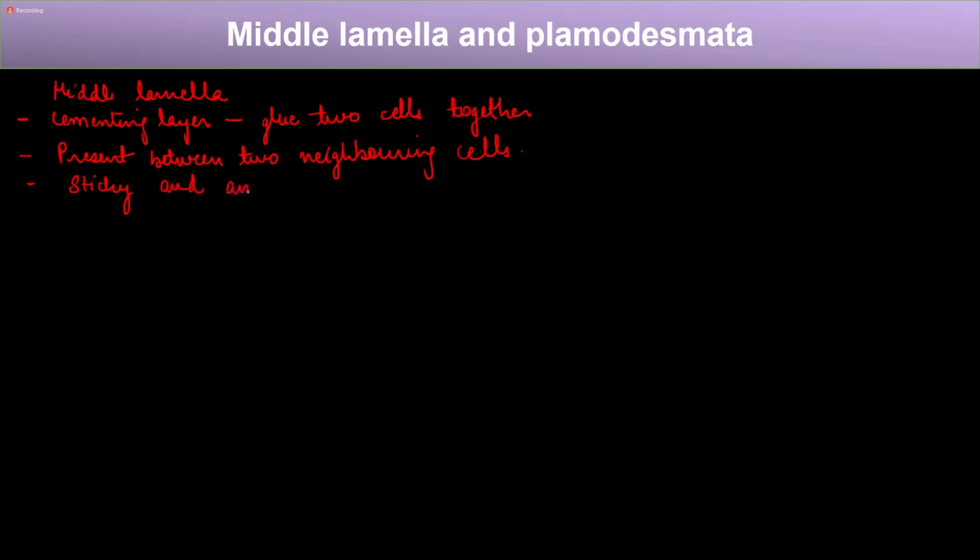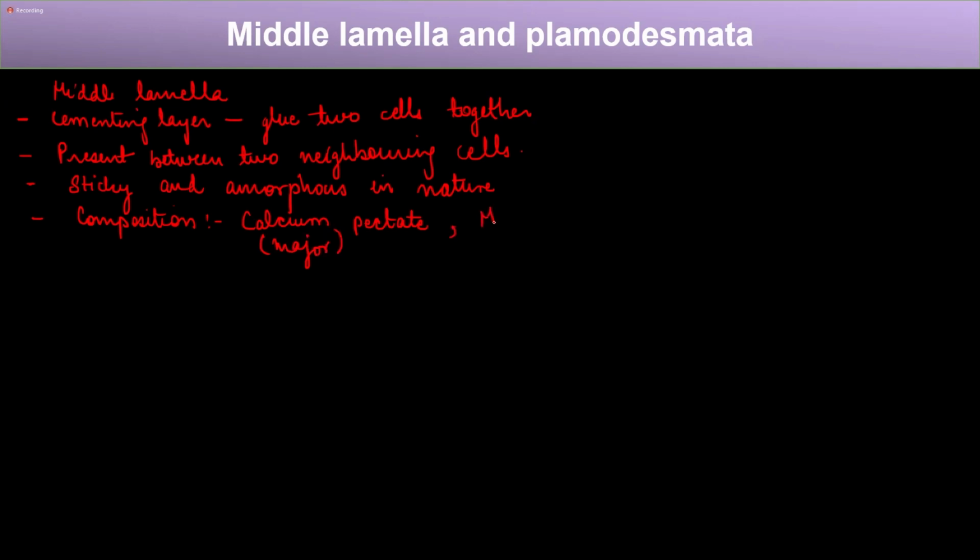Amorphous means soft: not crystalline, but jelly-like. And what is it made up of? The composition of the middle lamella is mainly calcium pectate. The major component is calcium pectate, but it also consists of magnesium pectate.